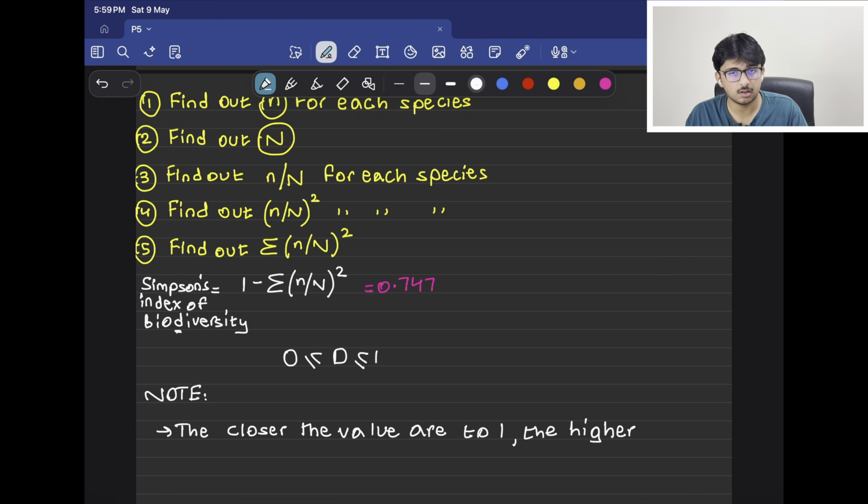Meaning, in an ecosystem, there are going to be more species, that's species richness, and every species is going to have many organisms, that's species evenness. So species richness is going to be higher, species evenness is going to be higher if the species diversity is higher. How do you know if the species diversity is higher? If the value is closer to 1. So the closer to 1, the higher the species diversity.